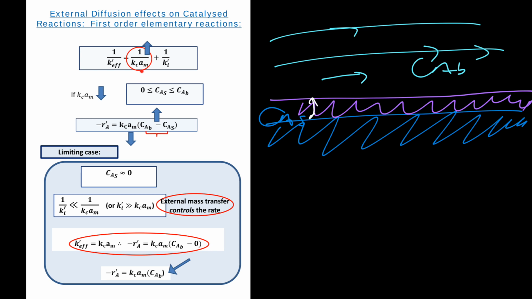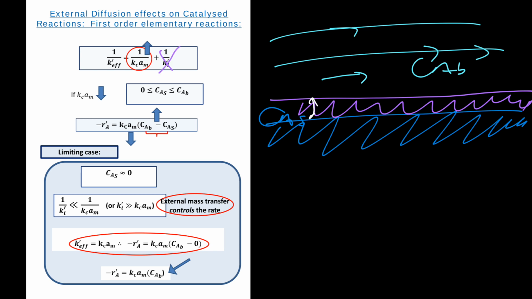So it forms a bigger and bigger part of my overall resistance, up till the point where it is so big that this becomes 1 divided by 1 times 10 to the power of minus 9. This is 1 divided by 100. And once again, comparably, I can say that this resistance can be neglected.